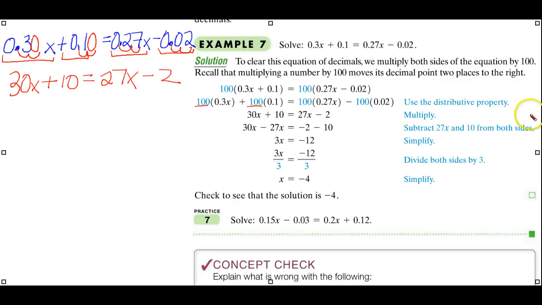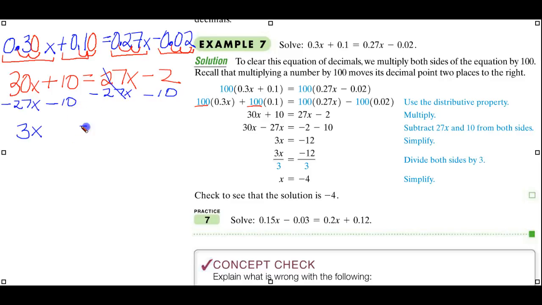So now I'm going to get all my letters on one side by subtracting 27x from both sides. And that's going to give me a 3x there. These just cancel out. And here I'm going to subtract 10 from both sides.